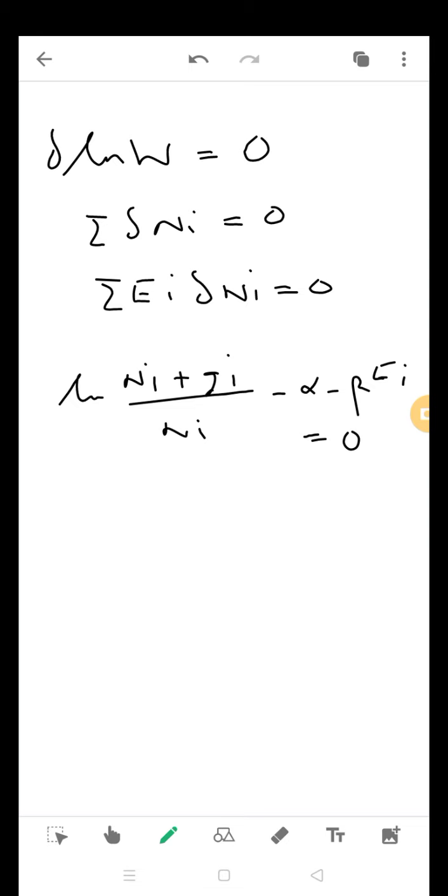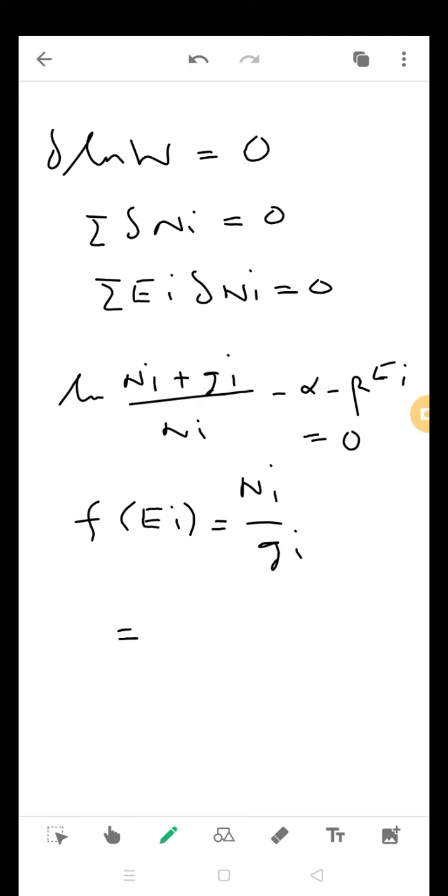And you get the occupation index here, which is the ratio Ni/Gi, the number of particles per state.